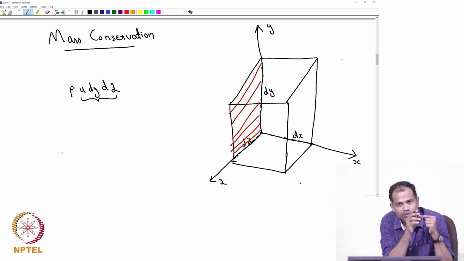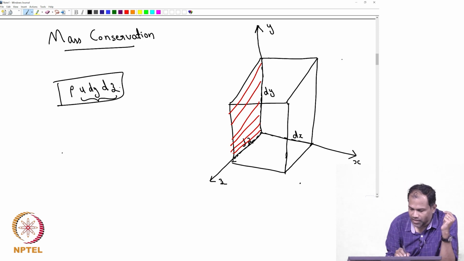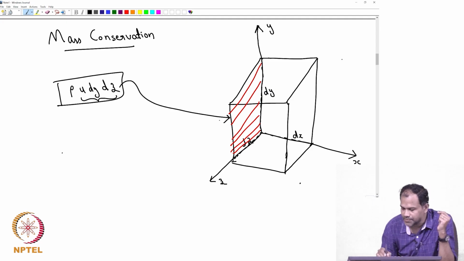So, u is the velocity perpendicular to the plate, velocity times area, where dy dz is a small area. u dy dz gives you the flow rate, multiplied by density gives you the mass flow rate. So, this is the mass that is going to be entering from this side.